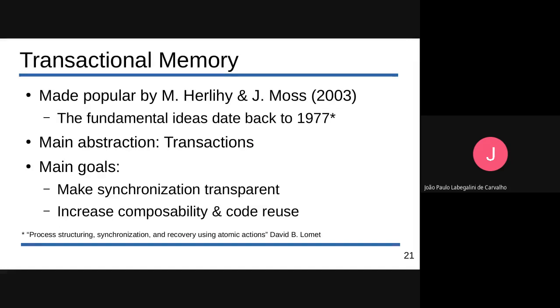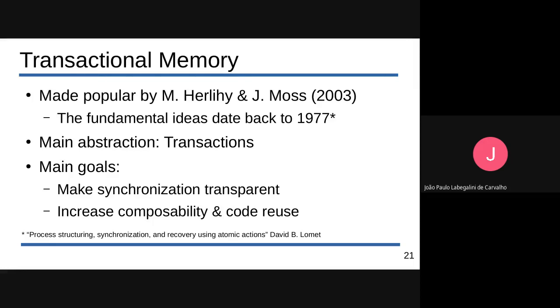Well, transactional memory is a parallel programming model that was first introduced, or better, popularized by Herlihy and Moss back in 2003. However, the fundamental ideas date back to 1977.